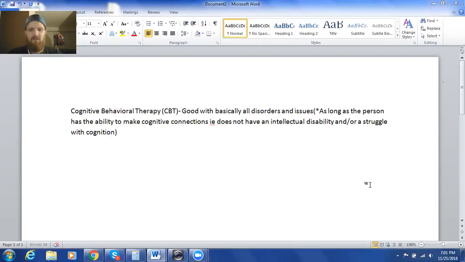But even then, you can still use that modality with them. So CBT is like standard and what a lot of people like to see in treatment.